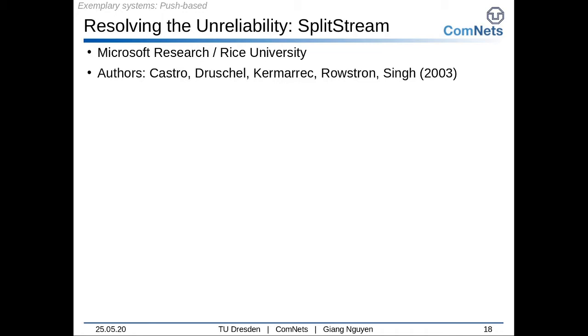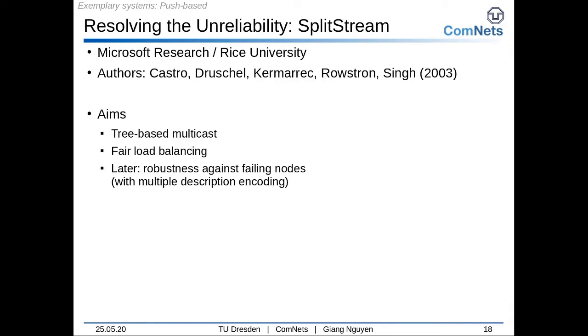The system was proposed in 2003, and the goal is to establish a multicast tree and to balance the load between different peers, meaning that no peer should upload much more than another one.